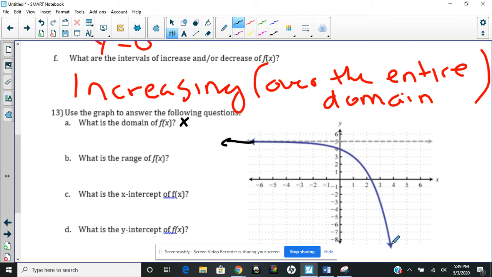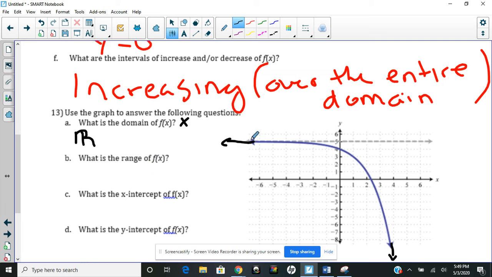As this is moving down, it's also moving to the right a little bit each time. So I'll have a value at 1, 2, 3. I'll have a value at 400. I'm going to have all of the values of x at some point within this graph. So for my domain, like I said in the first problem, it's all real numbers. And we already talked about, for an exponential function, your domain is always all real numbers.